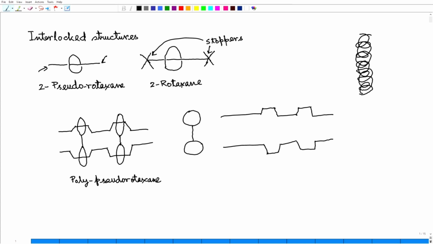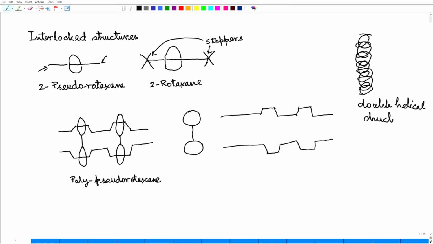This is a double helix, a double helical structure.